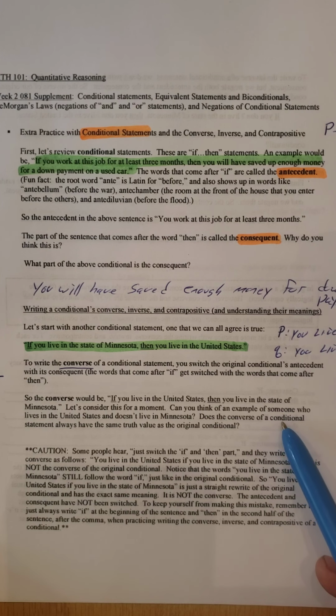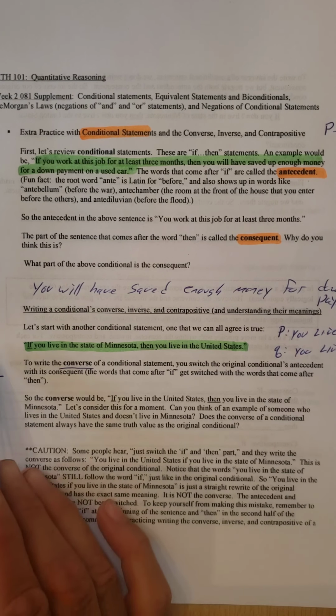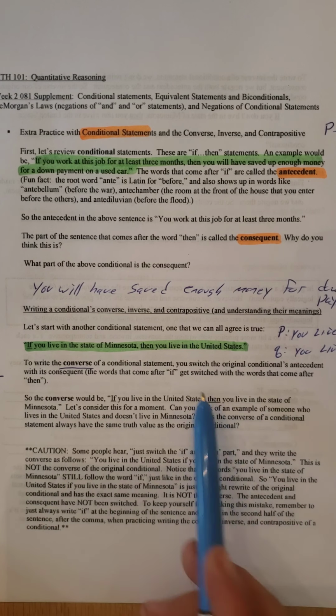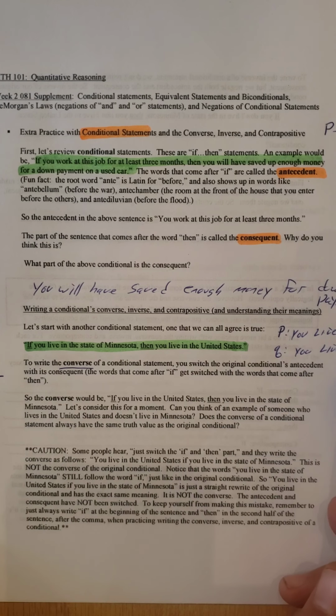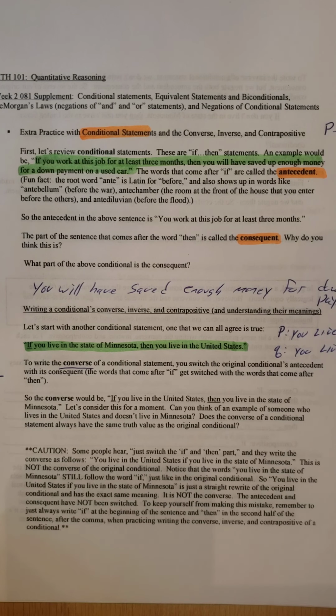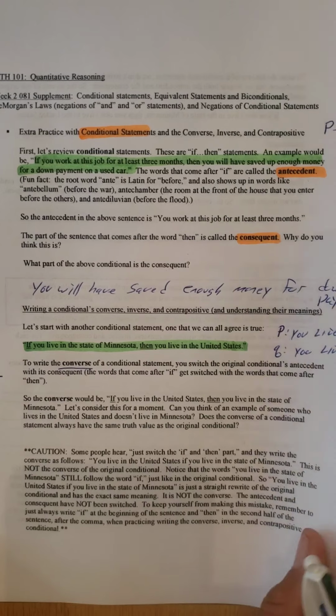So we live in the United States, but we don't live in Minnesota. So the converse doesn't have the same truth as the conditional statement, okay? So we're not just switching the order. The if gets attached to the second part. So if you live in the United States, then you live in Minnesota, okay? Which is not a true statement. Okay, so be careful with that.